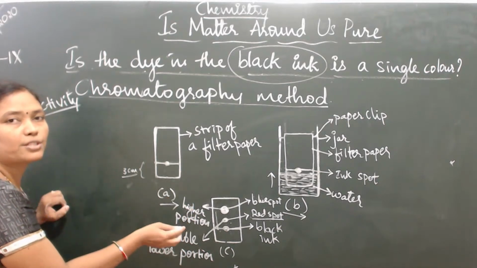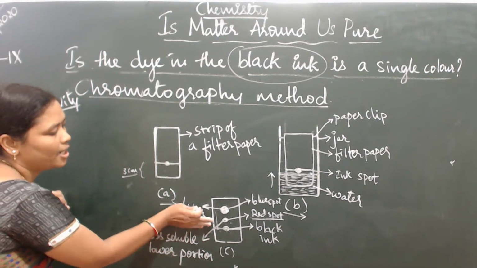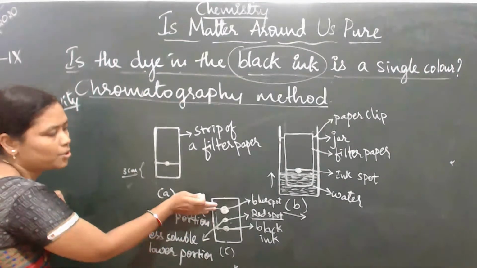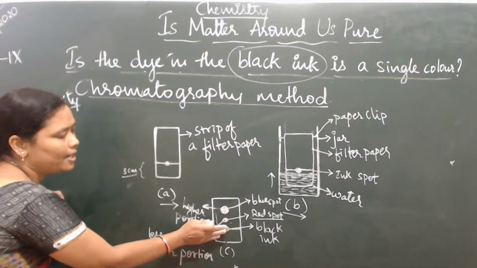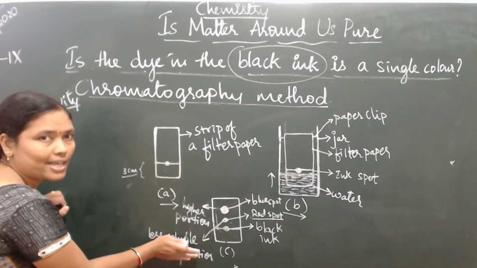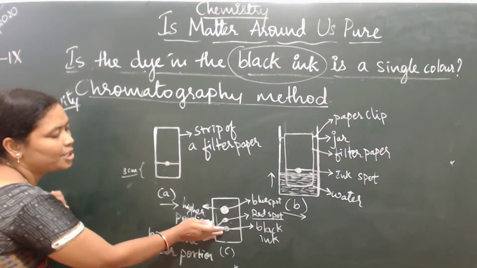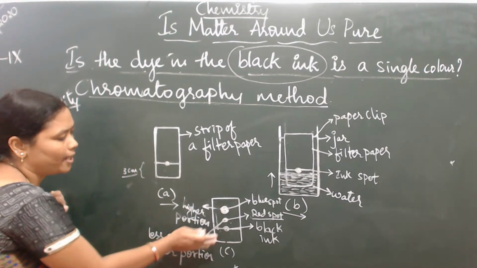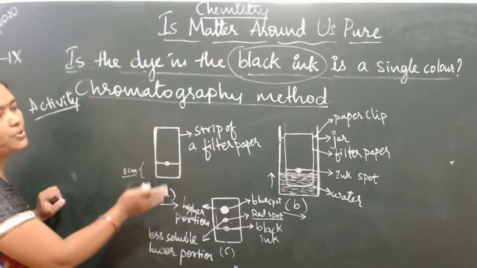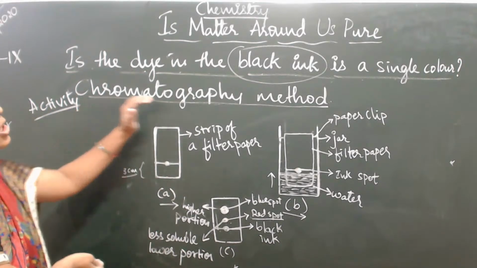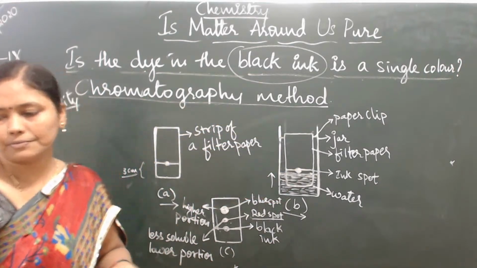So the component which is more soluble in the water moves along with the water to a higher portion, and the component which is less soluble in the water moves along with the water to a lower portion. Okay, so this is the principle behind the chromatography method.